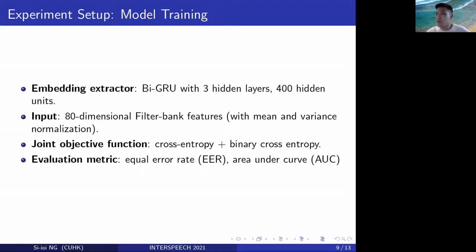For the input, we are using 80-dimensional filter bank features with linear variance normalization, and the embedding extractor is trained on the recognition task, recognizing the consonant units or the consonant-vowel units using the cross entropy objective function. To evaluate the detection performance using the embeddings, we are using the equal error rate and area under curve as the evaluation metrics.